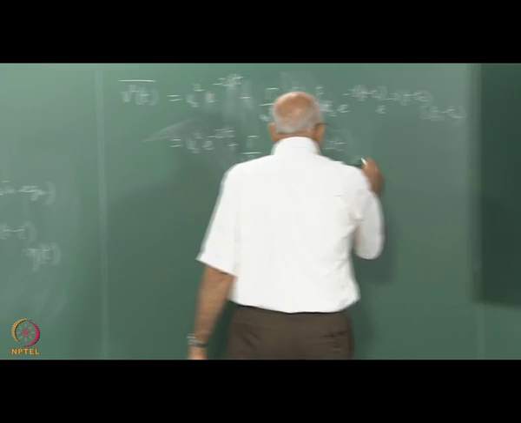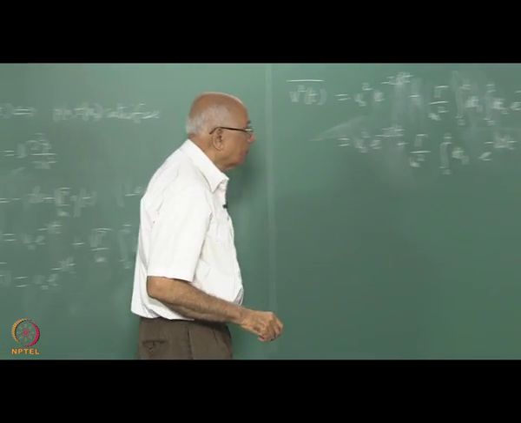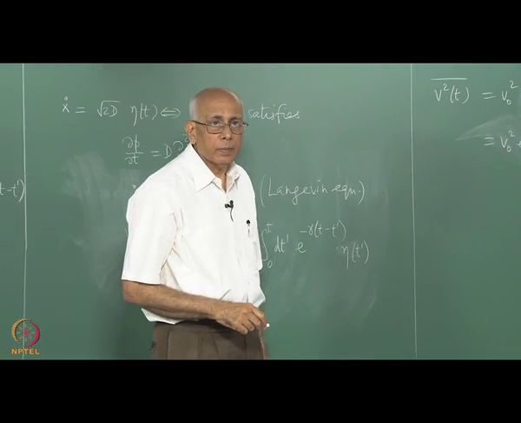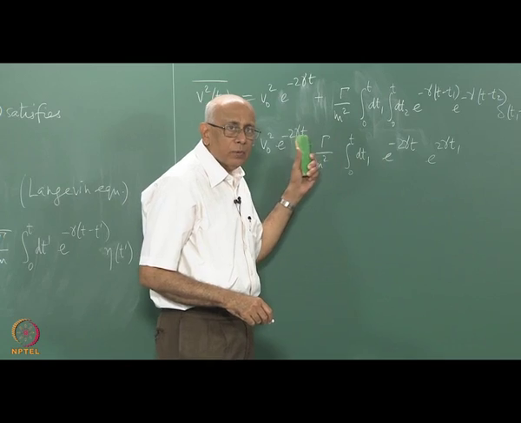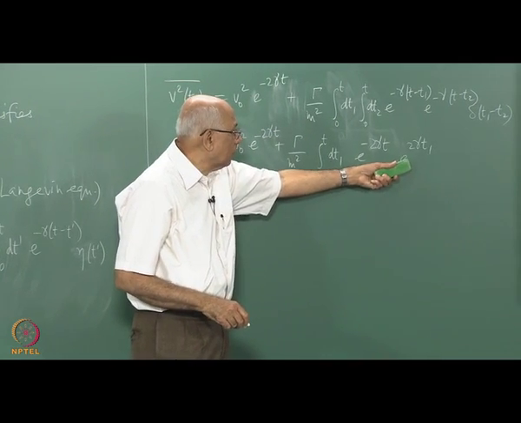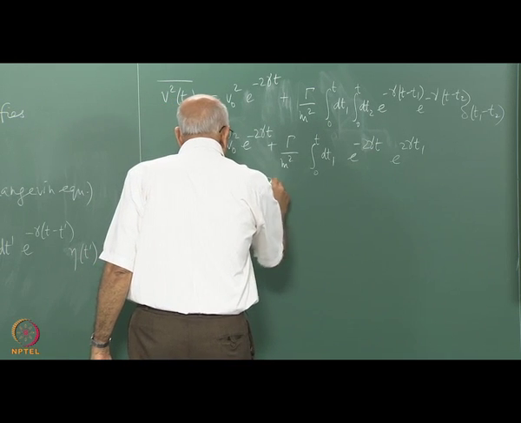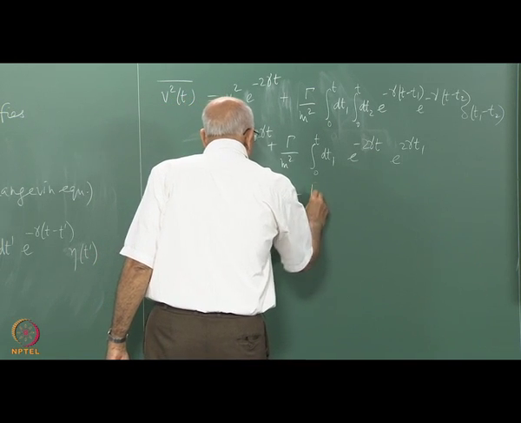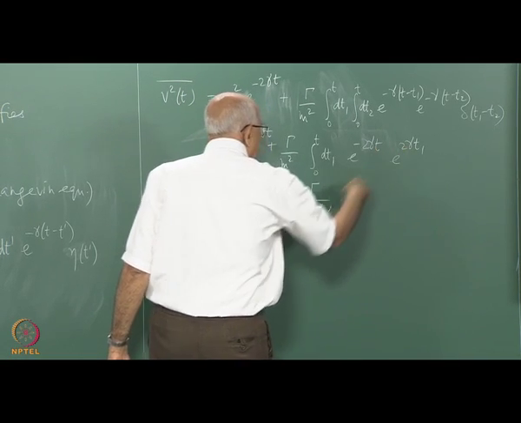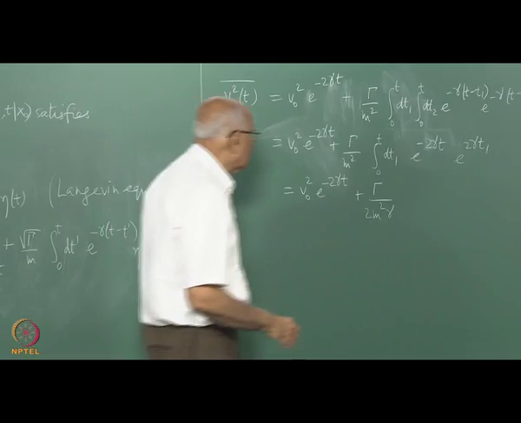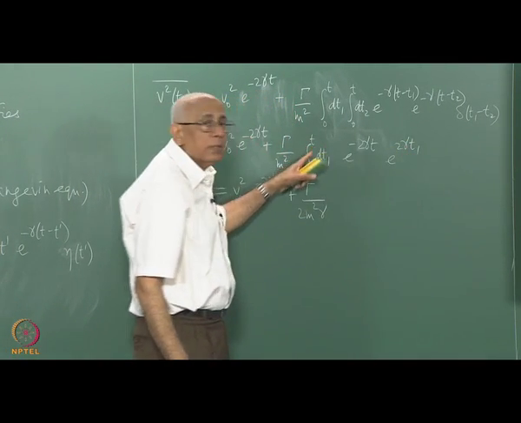So e to the 2 gamma t1, and that is the integral. E to the 2 gamma t comes out of the integration, and then you have to do this fellow here. So this is V naught squared e to the minus 2 gamma t plus gamma over 2 m squared gamma, because when I do this integration that factor comes out downstairs, and then e to the 2 gamma t1 from 0 to t here.